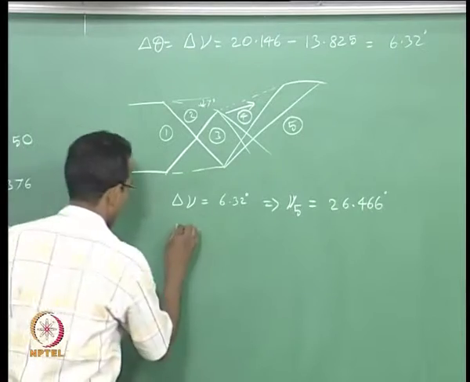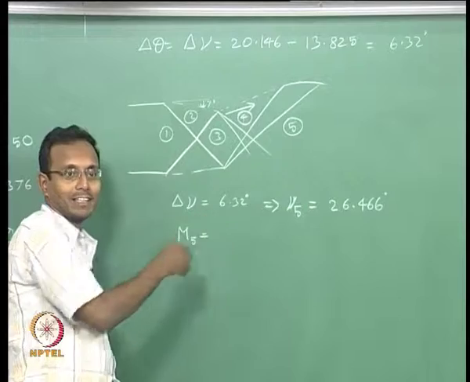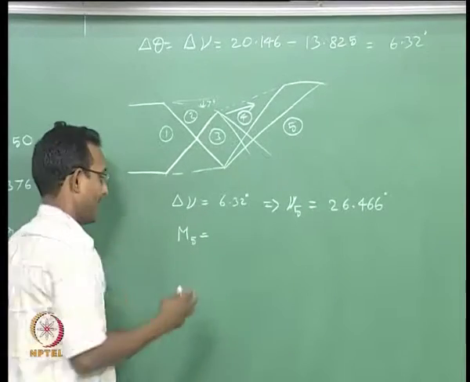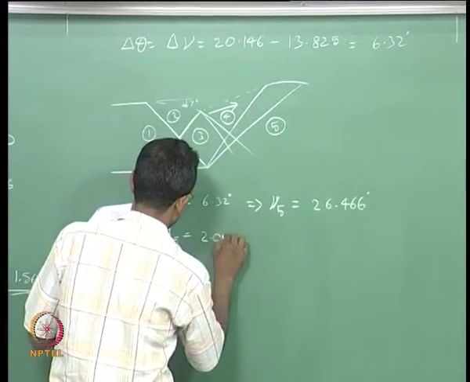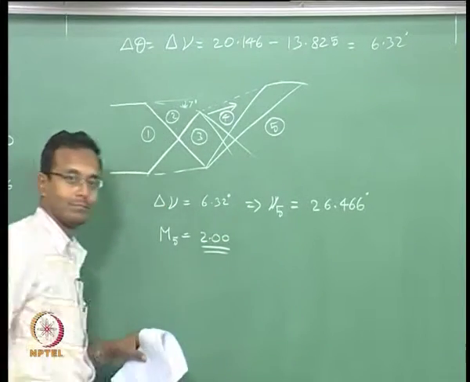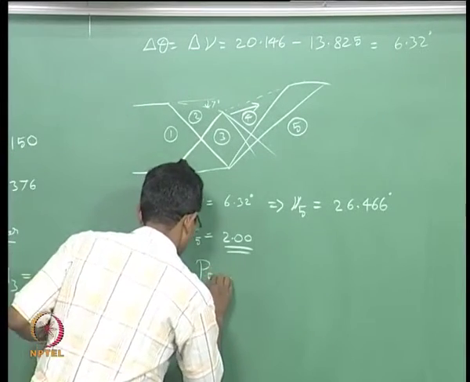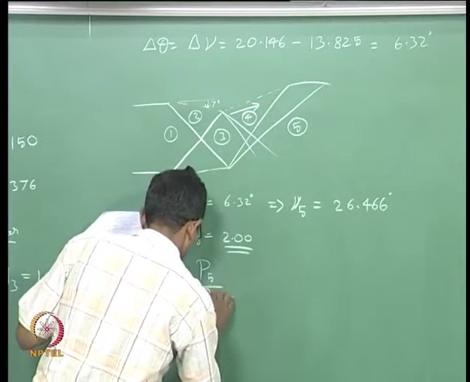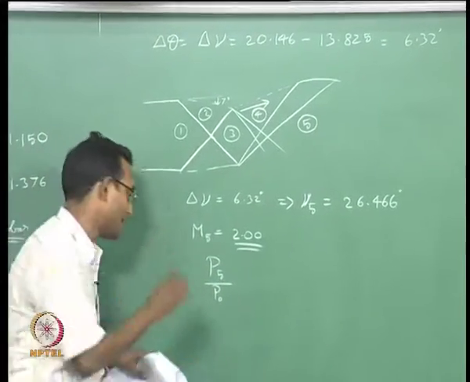Now, I want to find P5. Okay. For that I need M5, which is easy to do, right? From the Prandtl-Meyer angle I can just go to my Prandtl-Meyer function tables and get to a Mach number. Mach number happens to be 2.00, okay, 2.00, which means my P5 by P05, and P04 and P05 are the same again. Okay, I will put P05 here.